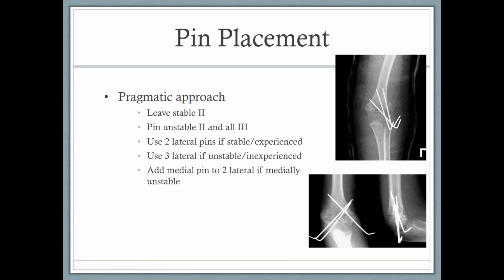If we're unhappy about either, so either unstable fracture or new registrar, we're probably going to advocate 3 lateral pins. If 2 lateral or 3 lateral remain unstable, we may add a temporary medial pin, or we may add a pin that is left in place. If the following morning there's an iatrogenic ulnar nerve injury, we'll apologize to the parents, pull out the pin, and monitor.